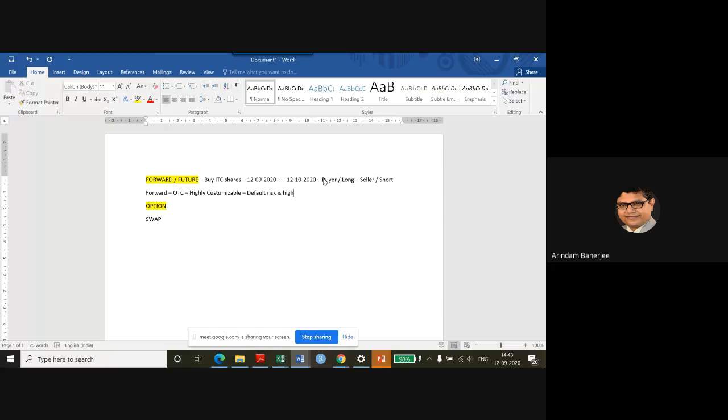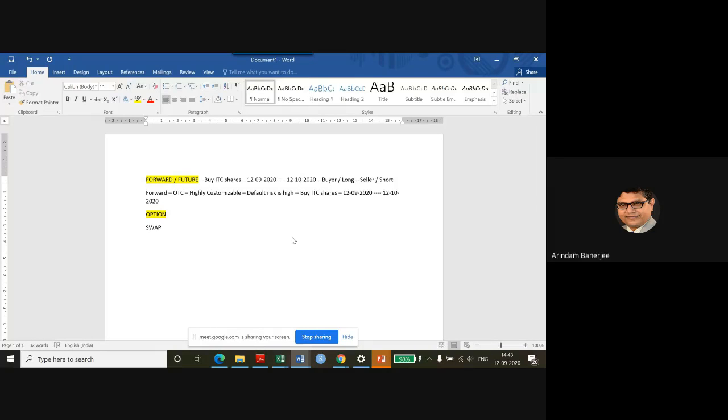For example, say I consider our original example, and suppose this is the forward contract, and I am adding a rate.